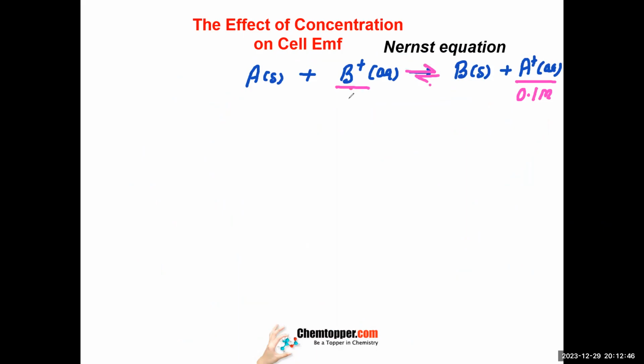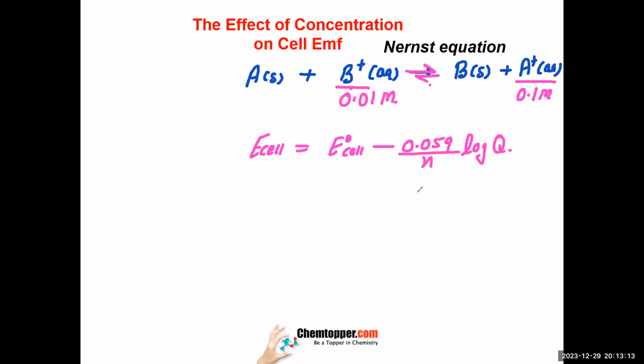The concentration of B plus is 0.01 molar. E cell is E naught cell minus, what's the value? Remember the equation? 0.059 over n log Q.